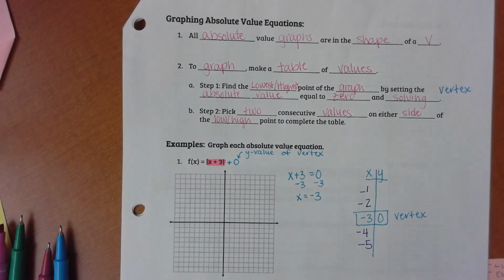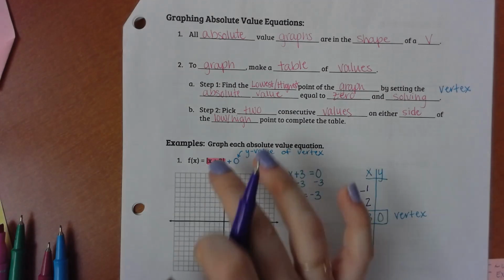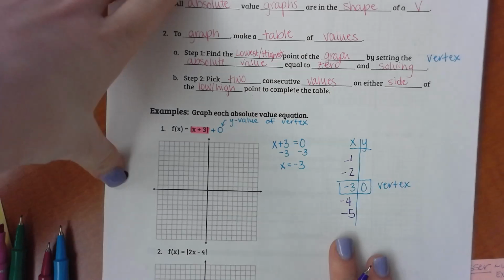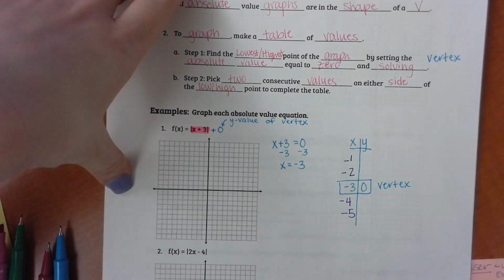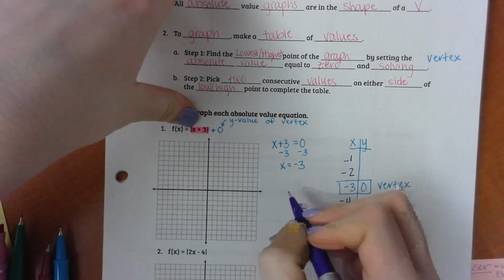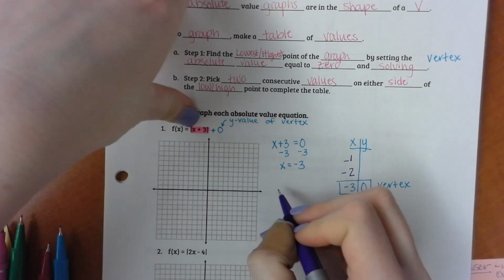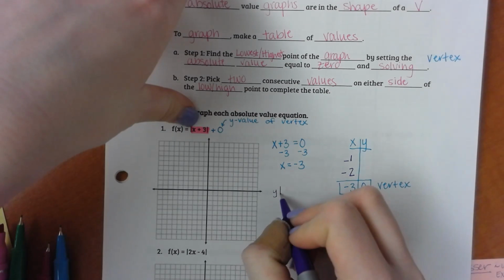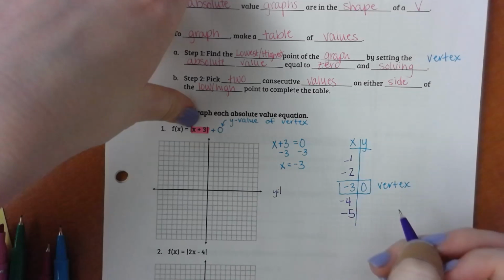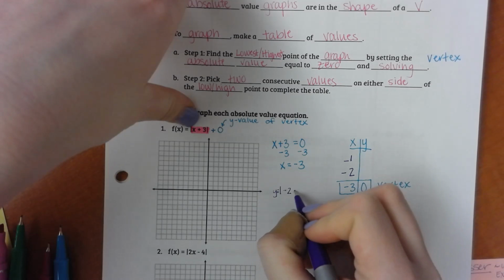And then I would plug these values back in to get the y values of my table. So if I plug these in for x, the absolute value of negative 2 plus 3.